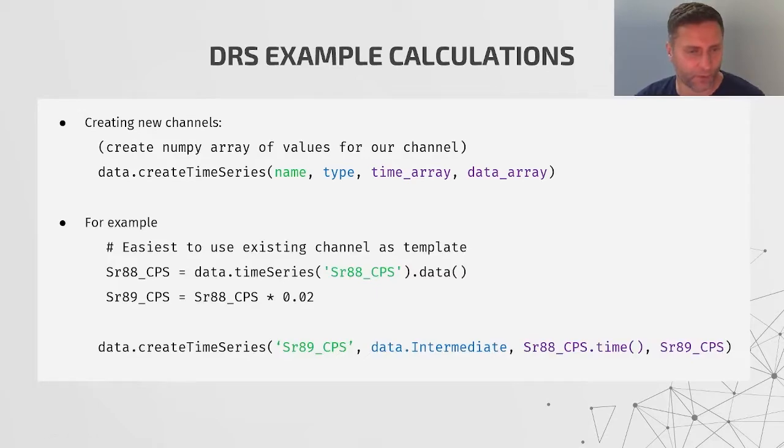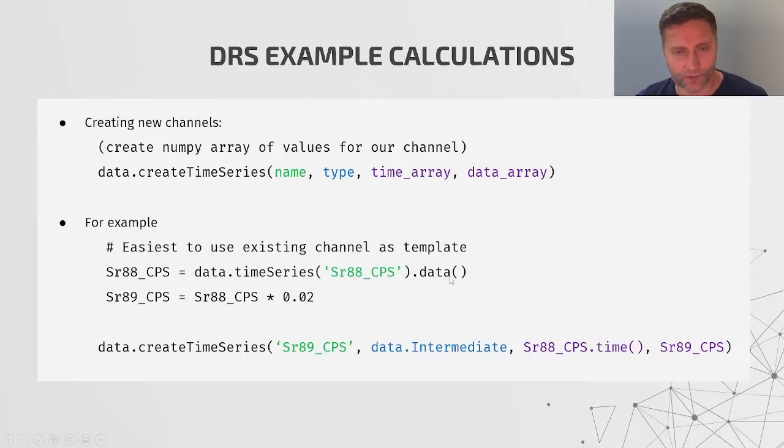Let's say we wanted to calculate the strontium-89 channel, and that was based on strontium-88, some relationship between the two. These are just made up numbers for this example. So what we do is we use this existing channel, strontium-88 underscore CPS, as a template for our new channel.